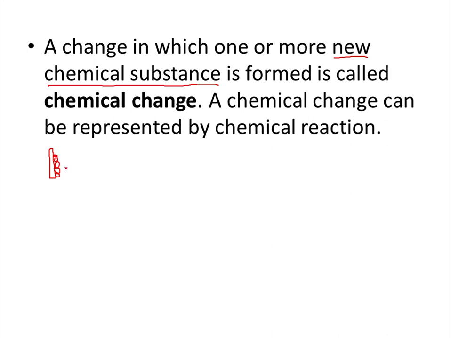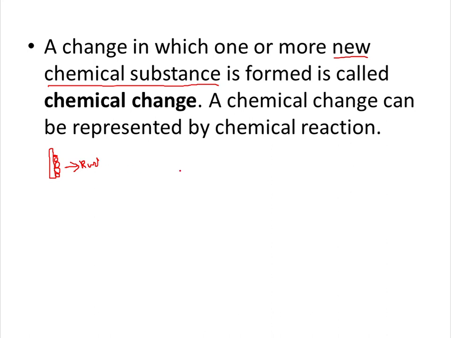This process is called rusting, right? And it has different properties than iron. So this is a chemical change. Iron gets converted into rust. As new substance is formed, it is a chemical change.